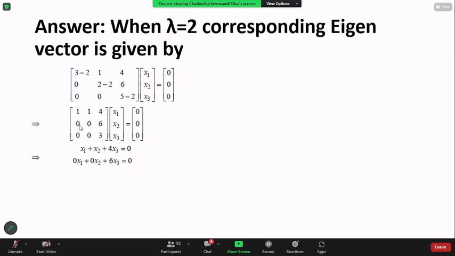That is the first equation. Second equation: 0 times x1, 0 times x2, 6 times x3 equals 0. Last equation again: 0 times x1, 0 times x2, 3 times x3 equals 0. Right?